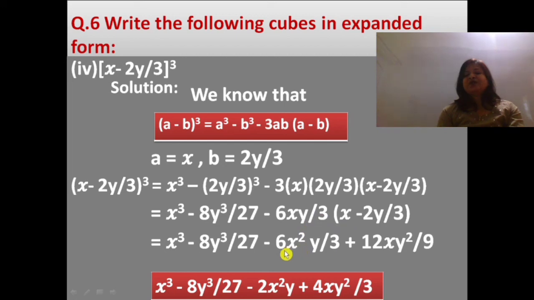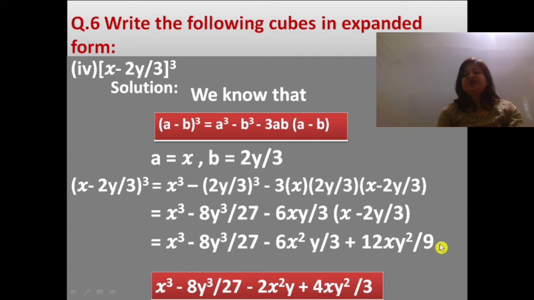So x² will come, 6x²y/3, plus, since minus into minus is converted into plus, 6xy into 2y/3, that means 12xy² divided by 3 into 3, that means 9. x³ − 8y³/27 − 2x²y, because we have divided 6 by 3.